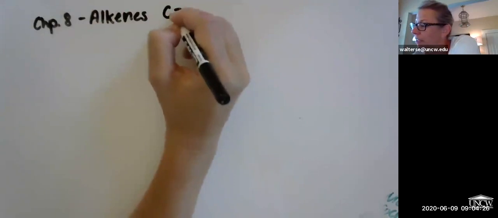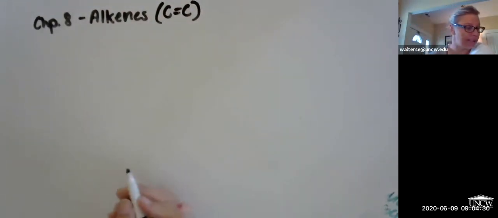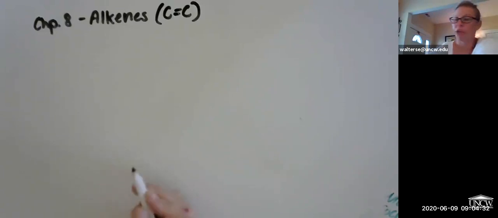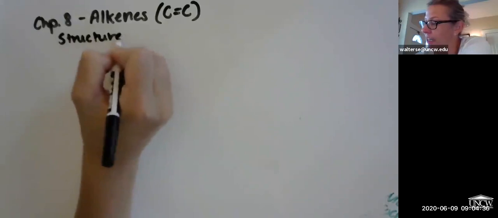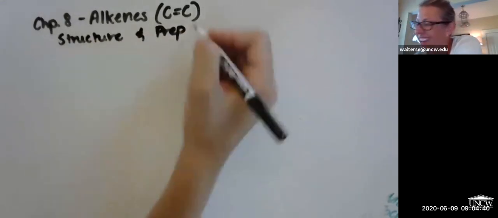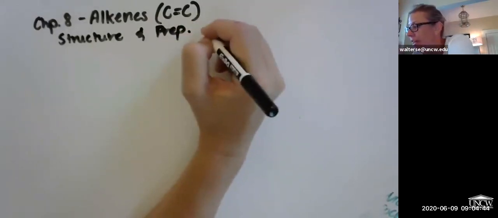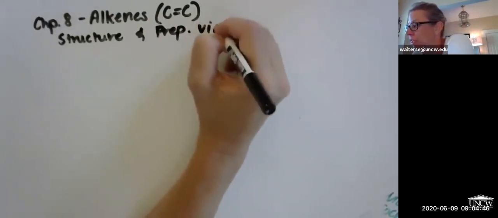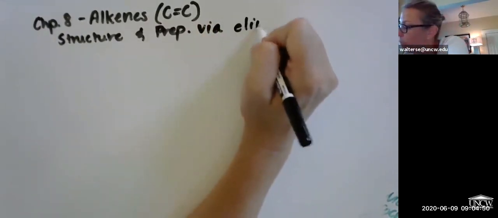So alkenes are functional groups that have carbon-carbon double bonds. We're going to talk about structure of alkenes and preparation. So the structural part and naming, that'll come first. The preparation is through 2 mechanisms, both of which are called eliminations.